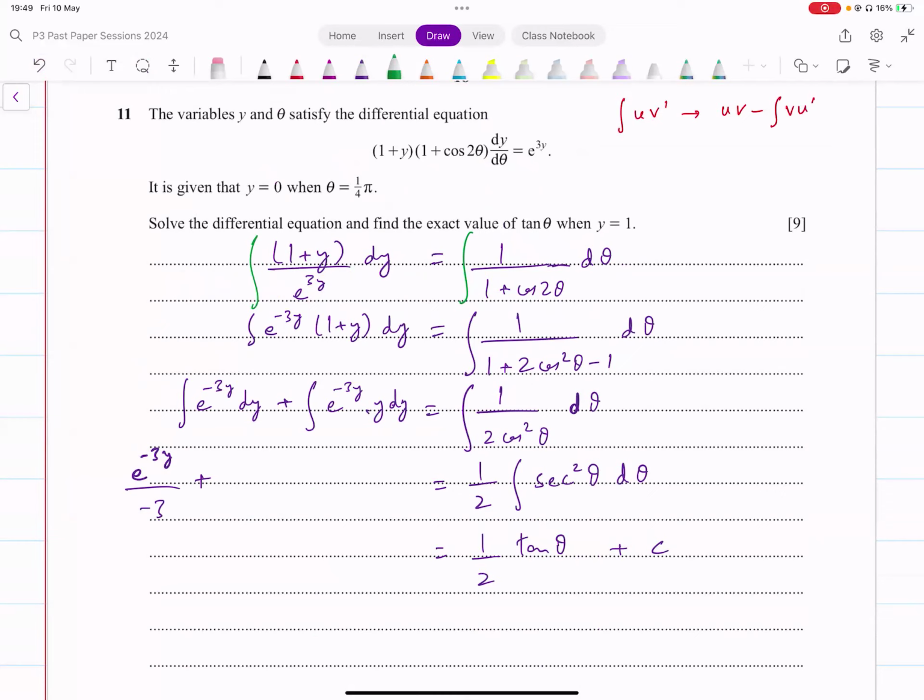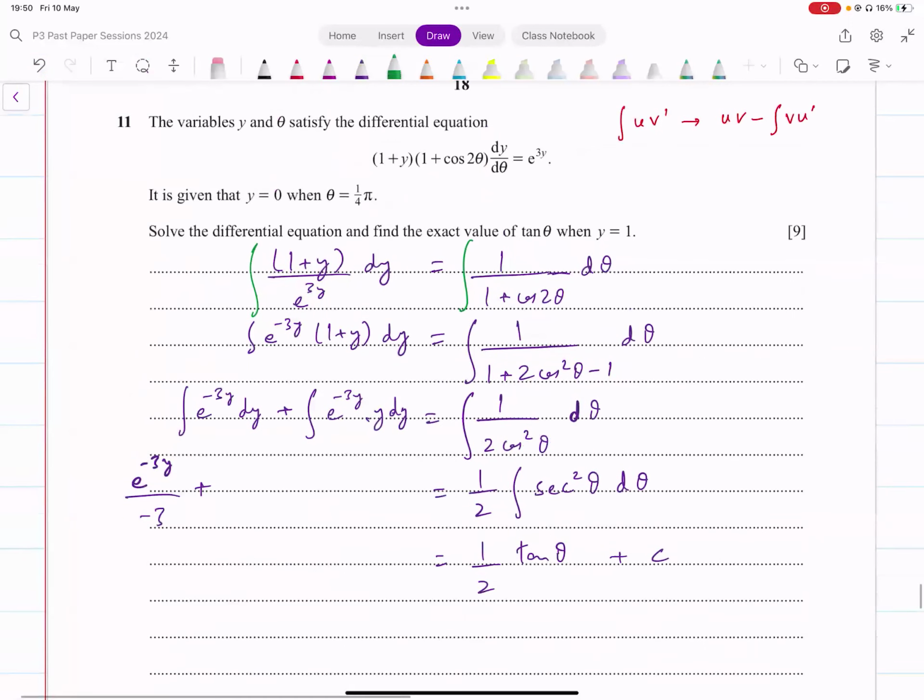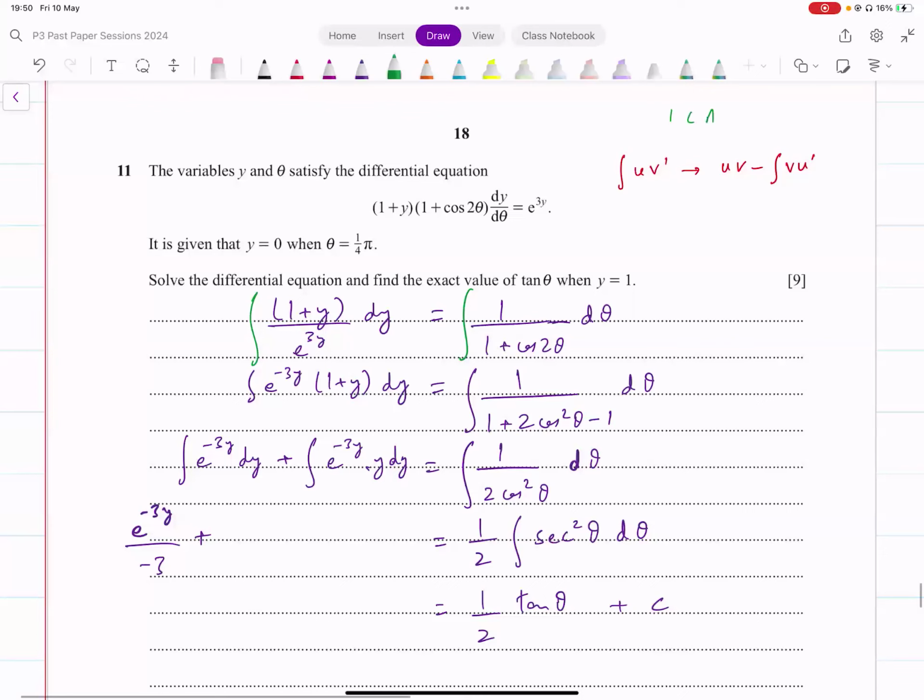Now, using ILATE, decide which one you should take as u, which one you should take as v dash. Which 2 expressions do we have here? Algebraic and exponential. The one on the right should be v dash. The one on the left should be u. So u is y.